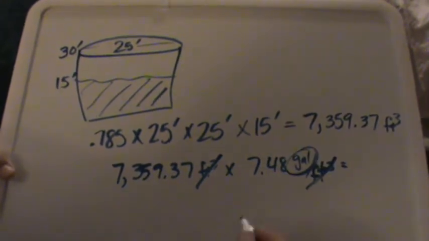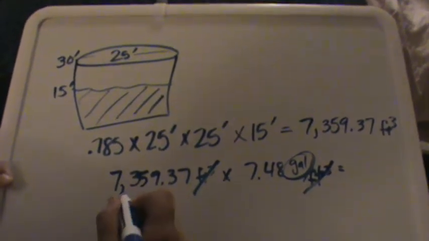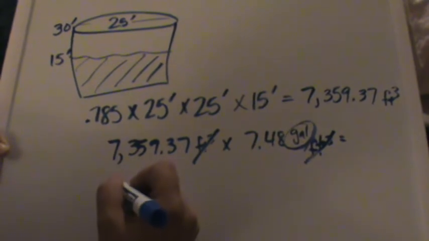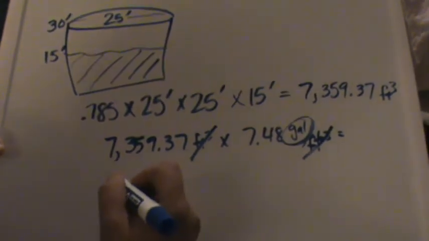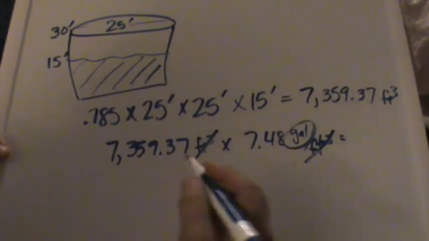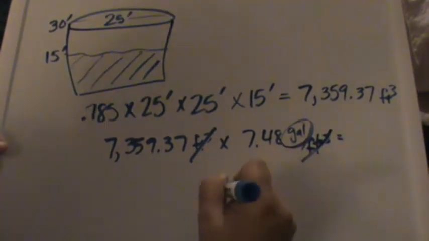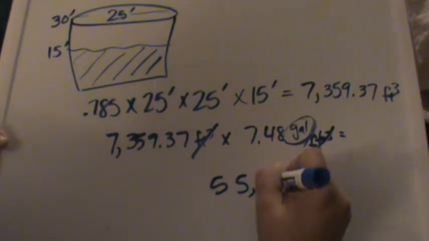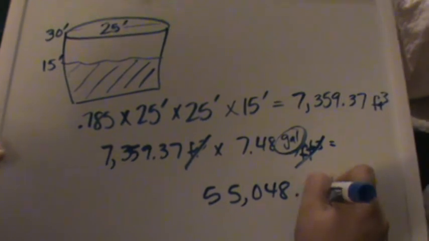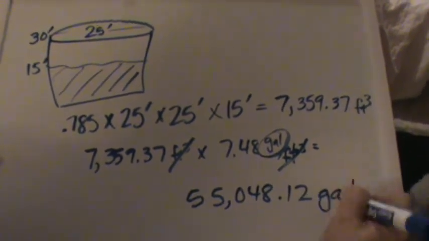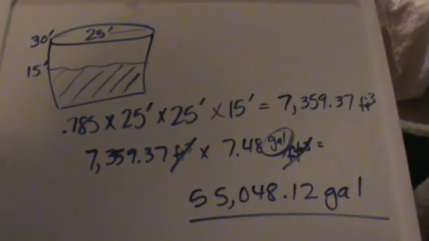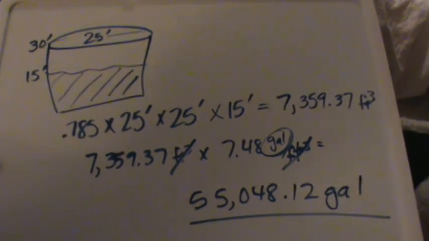It will leave me with gallons. So when I put this in my calculator, 7,359.37 times 7.48, that leaves me with 55,048.12 gallons. That is your answer for number 3.